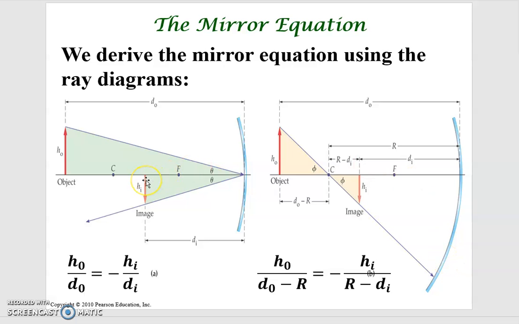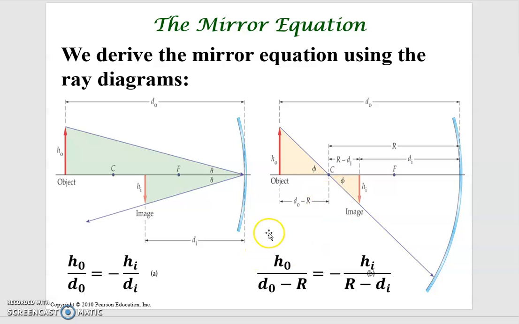It is the same process, but now what you are going to connect is the top of the object to the center of the curvature and to the top of the image. So this is a so-called C-ray. So now you connect these three points together. And once again, you will find out these two triangles are similar because the angles are the same.